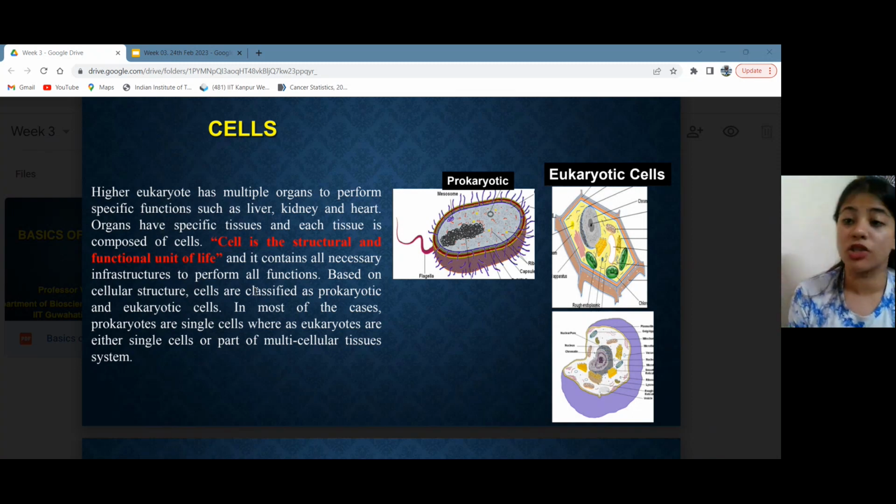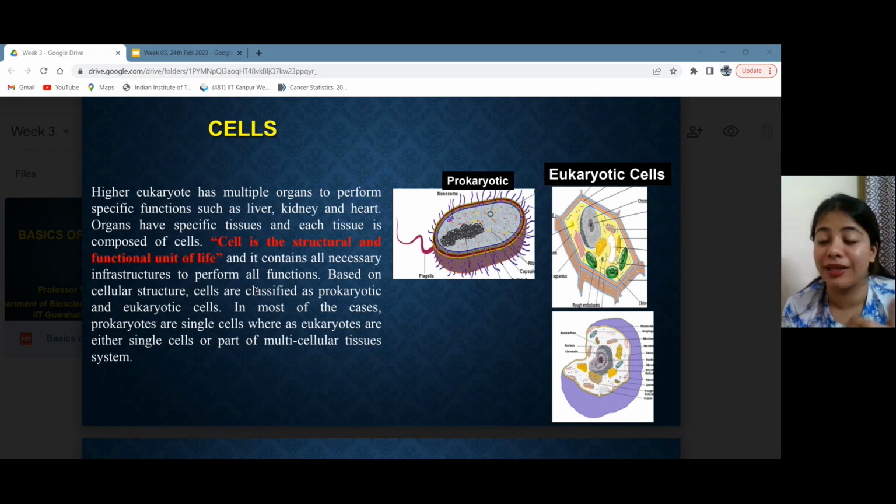If you take up each of these terminologies individually, first let us try to understand why it is the structural unit of life. A molecule is made up of atoms, and that is the structural unit which makes up a molecule.